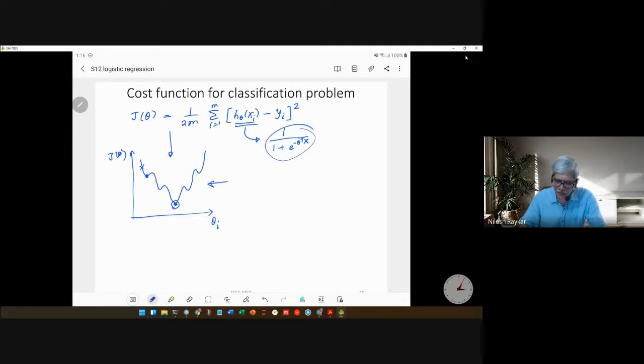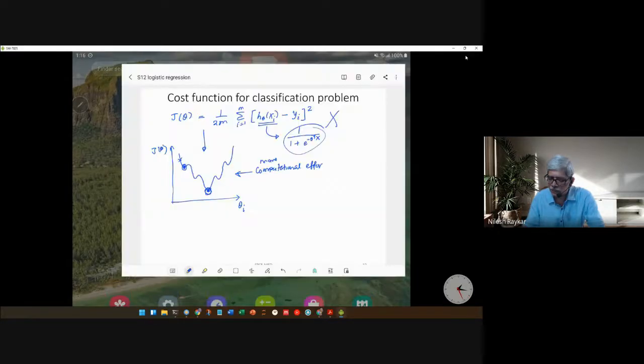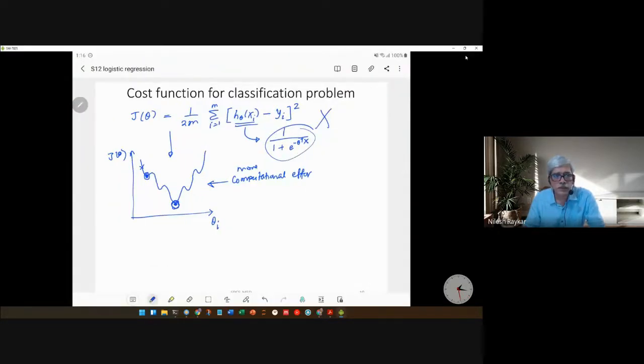If you start here, the gradient descent will gravitate towards the local minima and it will not move from there. So in order to reach this global minima, you require much more computational effort.